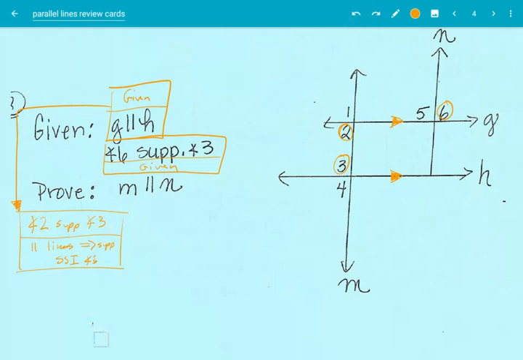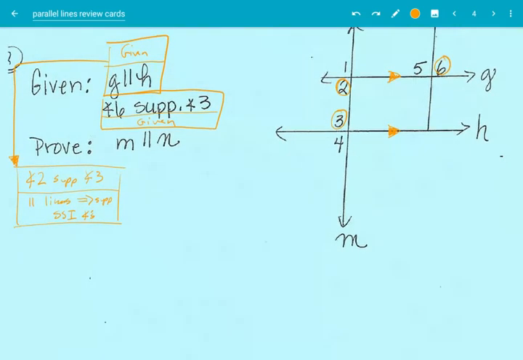Well, here's what we'll do. What do supplementary angles imply? Supplementary angles imply that the measure of 2 plus the measure of angle 3 equals 180 degrees. Supplementary angles imply two angles with the sum of 180 degrees.